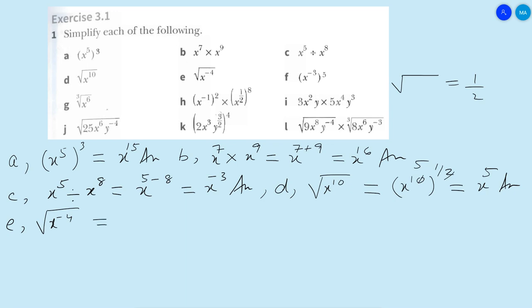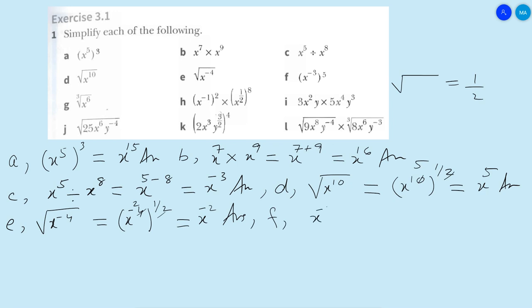So what you have learned, the value of square root is always equal to 1/2. So if you remove this square root, you should put 1 upon 2. So 2 fours are 8, so the answer is x to the power minus 2. Come to part F.